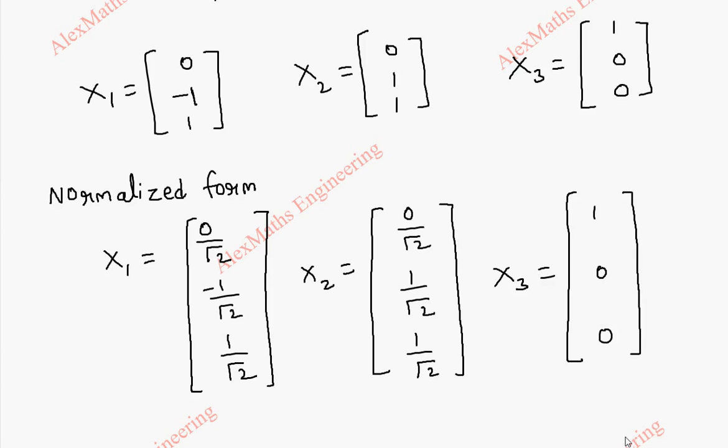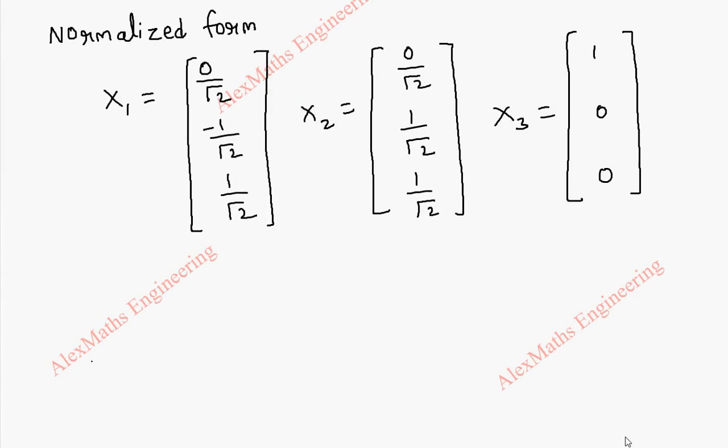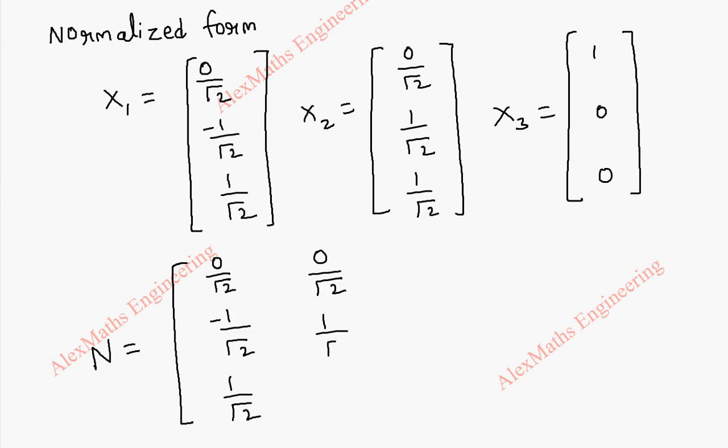Now using this, we have to write the normalized matrix N. So the normalized matrix N will be: the first column 0 by root 2, minus 1 by root 2, 1 by root 2; then 0 by root 2, 1 by root 2, 1 by root 2; then 1, 0, 0. So we got the normalized matrix.